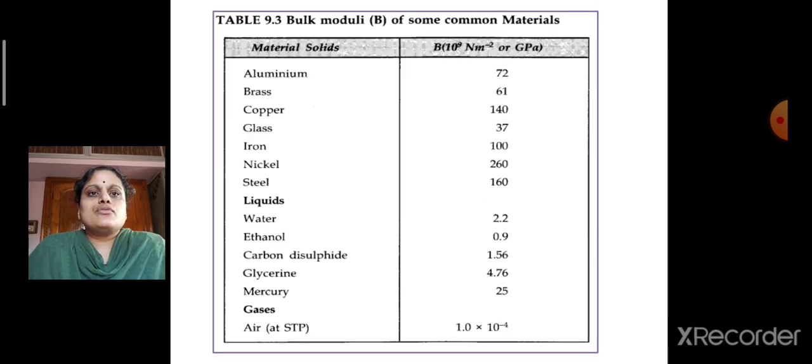This is the table for bulk moduli of some common materials. From this, it is clear that solids have a higher value of bulk modulus compared to liquids and gases. And among the solids, nickel shows a greater value of bulk modulus.